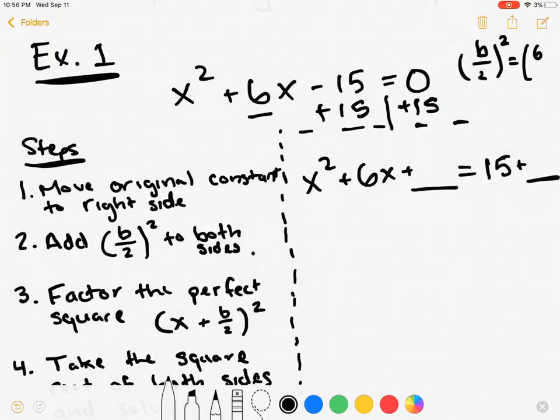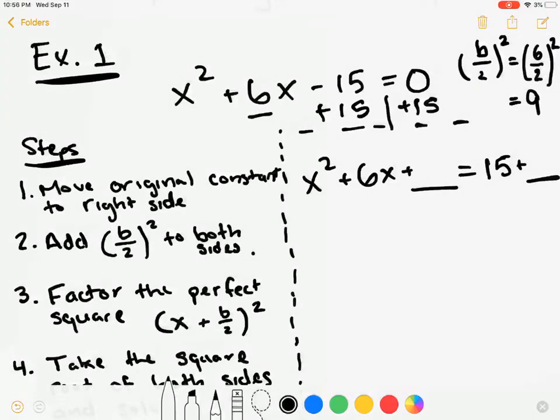And we're going to substitute that in for b. So we'll have 6 divided by 2 quantity squared as our new constant term. So 6 divided by 2, that's 3. 3 squared will give us 9. So 9 is going to be the constant that completes the square.